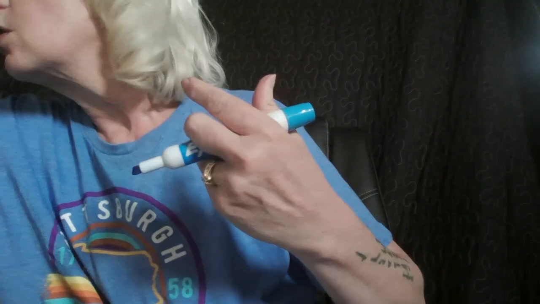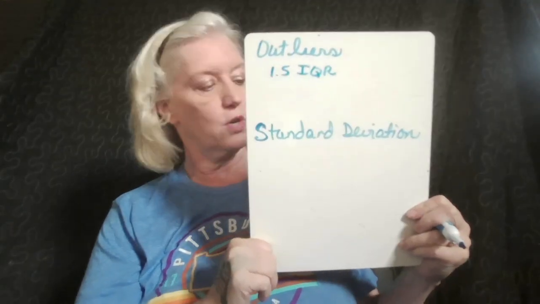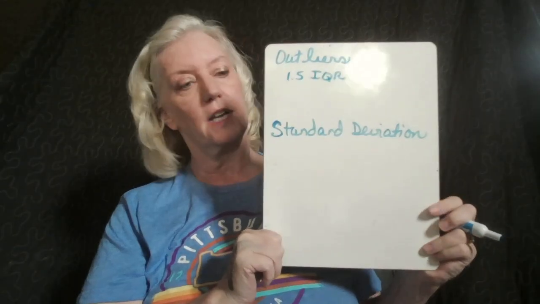But we're still going to calculate it because we know a formula. So our outlier formula is, we're going to take 1.5 times our interquartile range, which our interquartile range was coincidentally 1.5.